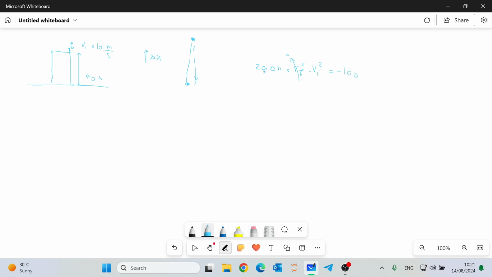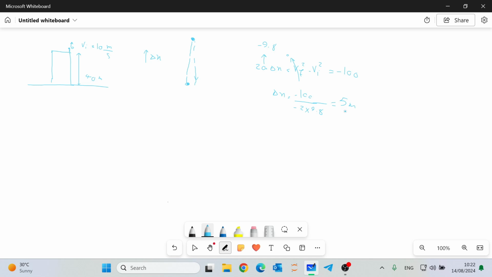On the other hand, because we are going upward, the acceleration is downward, so its sign would be minus 9.8. So delta x equals minus 100 over minus 2 times 9.8. It becomes something like 5 meters.